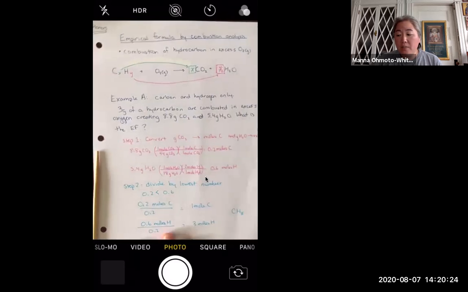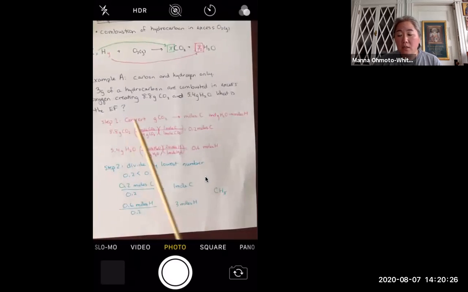So the first step is to convert grams of carbon dioxide to moles of carbon and grams of water to moles of hydrogen. I have 8.8 grams of carbon dioxide. I divide by the molar mass. And then for every mole of carbon dioxide, I create 1 mole of carbon.